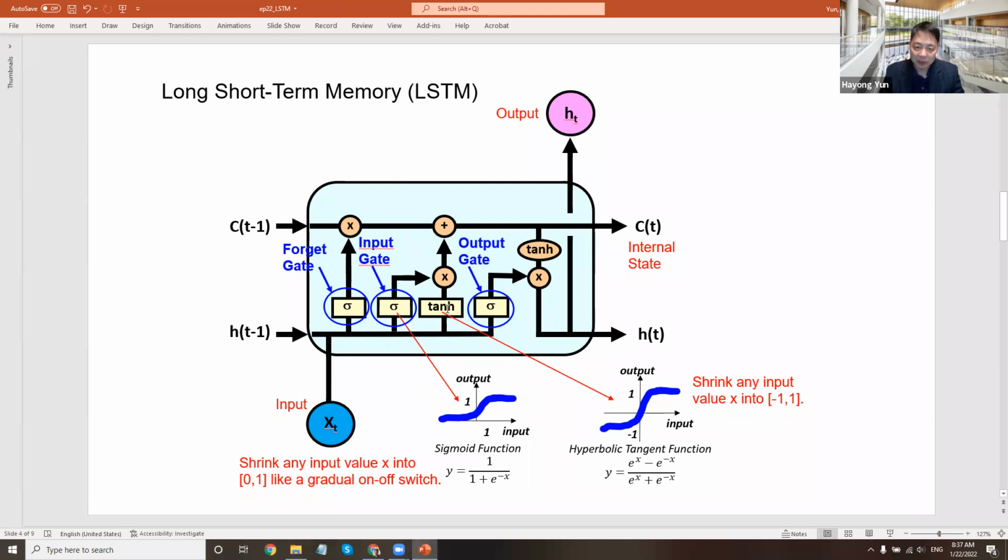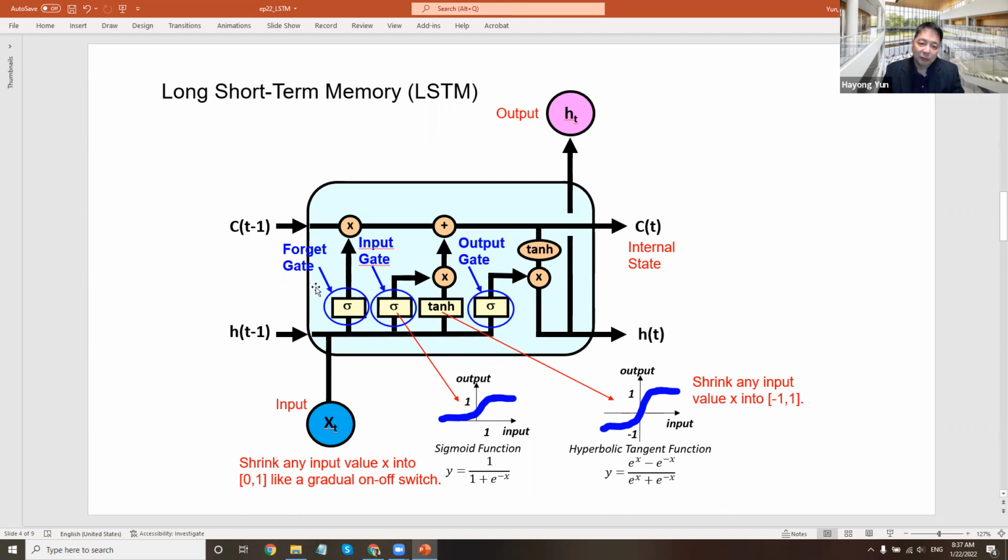Also, there's a hyperbolic tangent here, which basically shrinks whatever input is coming in here between -1 and 1. So it regulates whether there is a negative signal or positive signal, a very large signal or very small signal. It just basically cares about that.